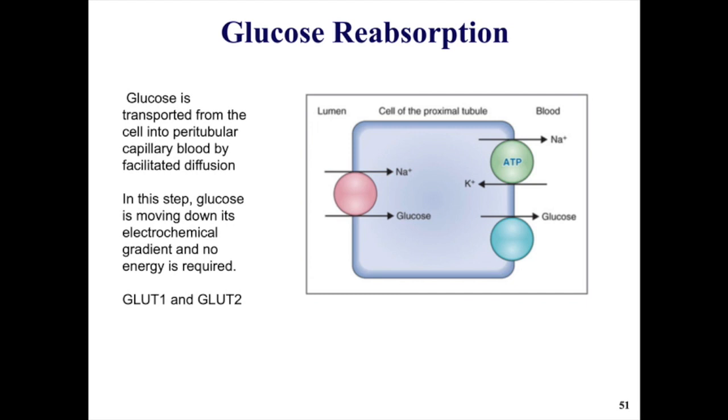So up to a certain limit, we'll be able to reabsorb everything that was filtered, every glucose molecule that was filtered, and therefore we should not be finding glucose molecules in the urine. However, if our levels of glucose in the blood are very high, the amount of glucose that is filtered will saturate the transporters, and therefore we will not be able to reabsorb all the glucose that was filtered. Okay?